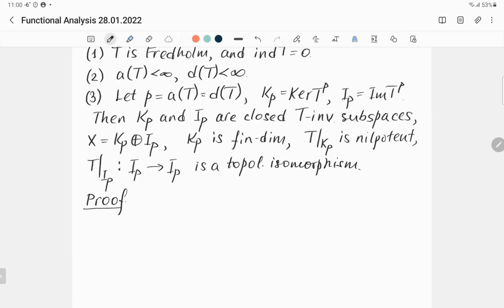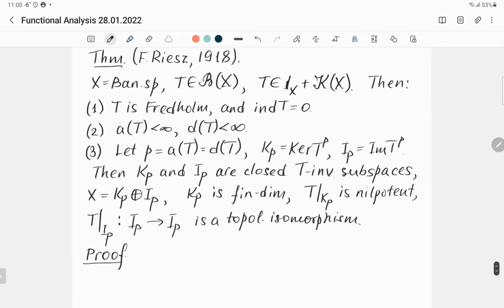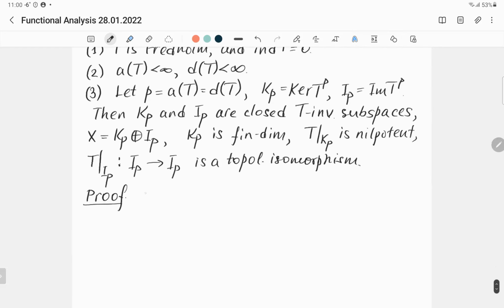Well, since T is of the form 1 plus a compact operator, let's write explicitly T in the following form: 1 minus S, where S is a compact operator. It will be more convenient to write minus instead of plus.